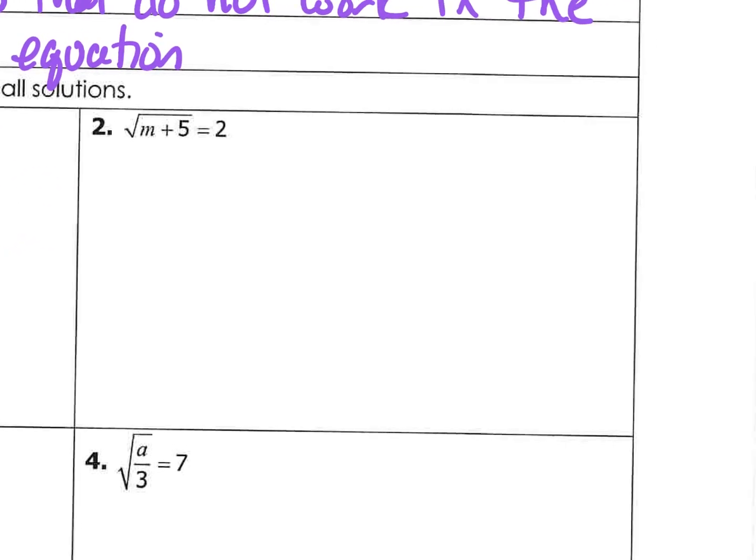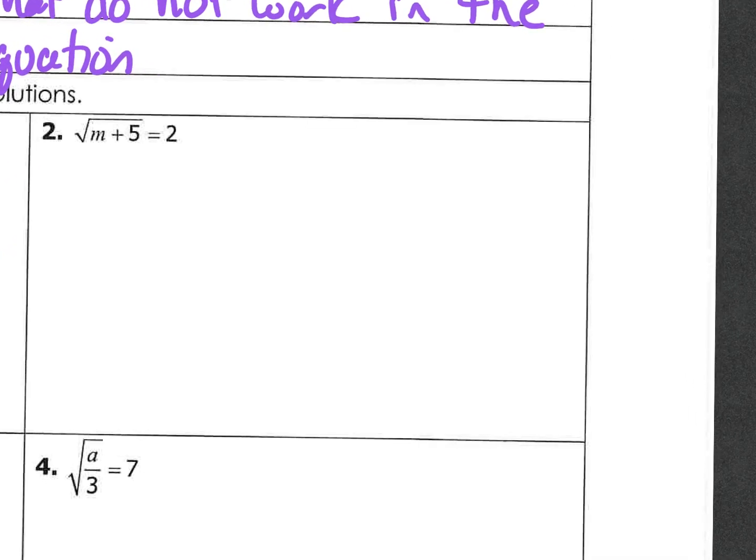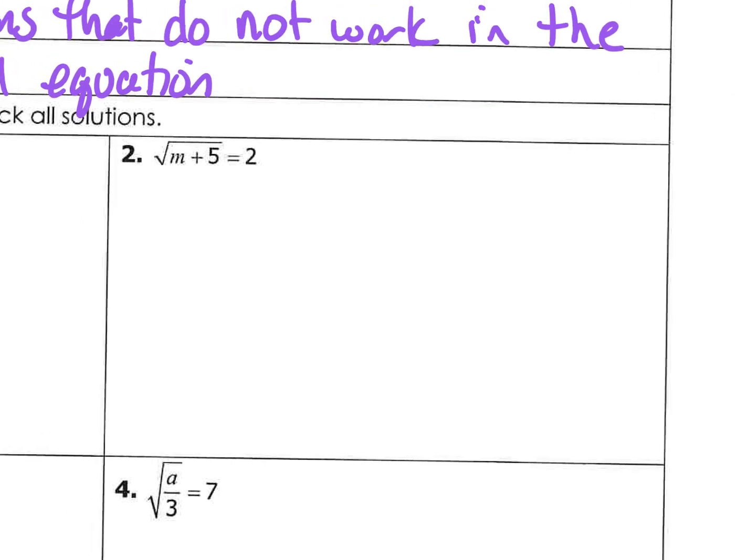Okay, all right, try the next one here. Because I write big, I'm just going to rewrite the problem out. I have the square root of m plus 5, equal to 2.